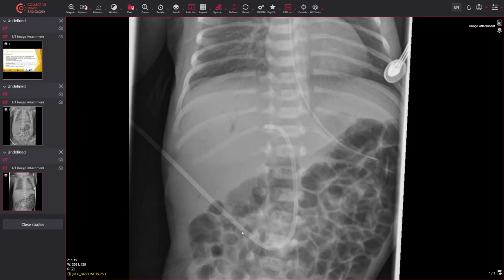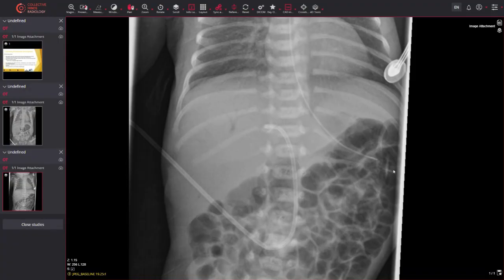The line comes in at the umbilical vein, comes around here, goes to the left portal vein, ductus venosus, which is around here, left hepatic vein, and into the IVC. And the tip should be around here.